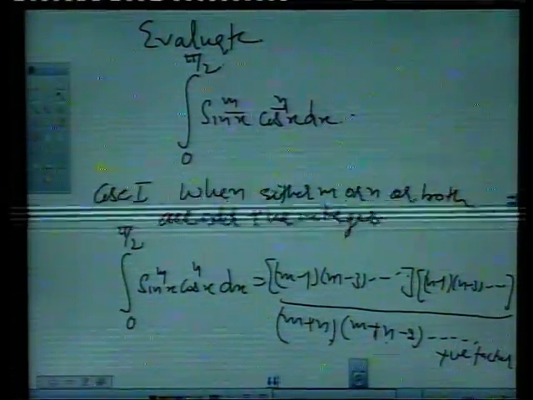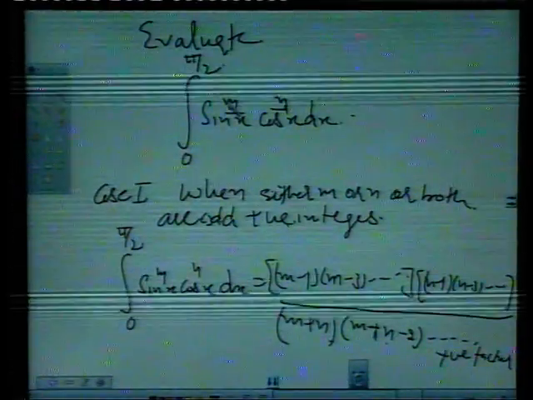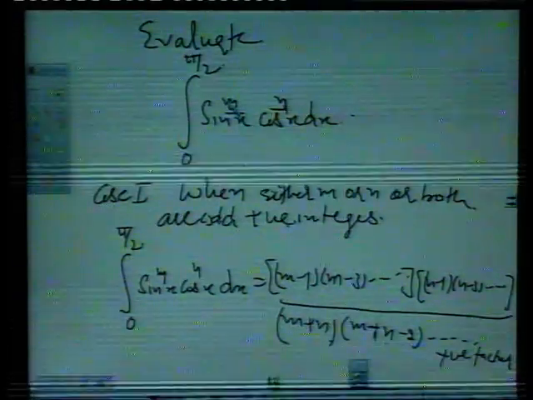Now, this is when you have m odd or n odd or both are odd integers.